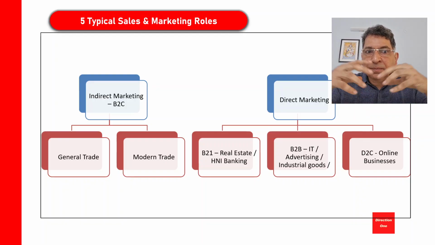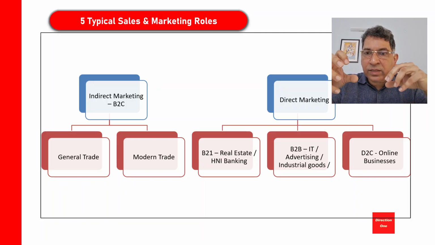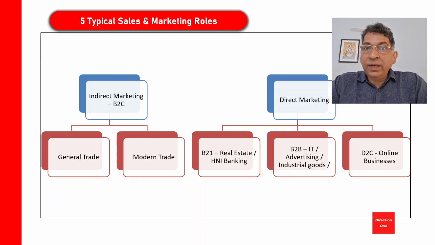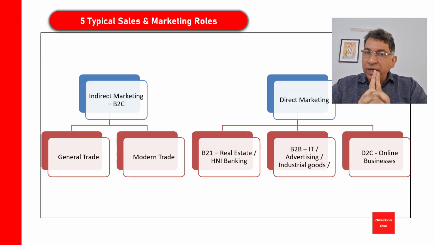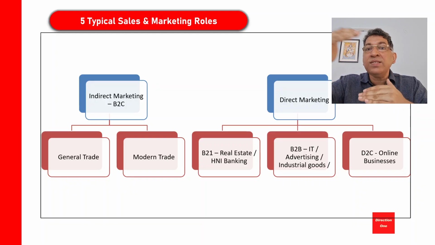Now the question is, what is the difference between indirect and direct? In direct, the consumer is buying either for himself or on behalf of an organization, right? Whereas in indirect marketing, you are talking to a marketing intermediary who is not buying the product for himself. He's buying the product with the intention of reselling it to someone else.